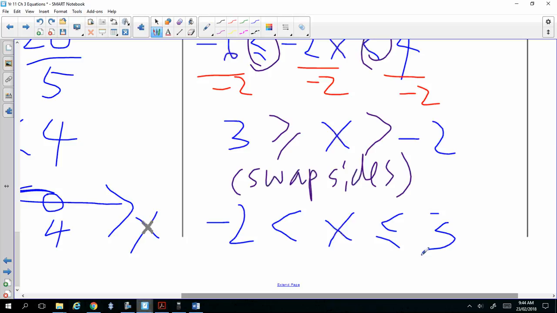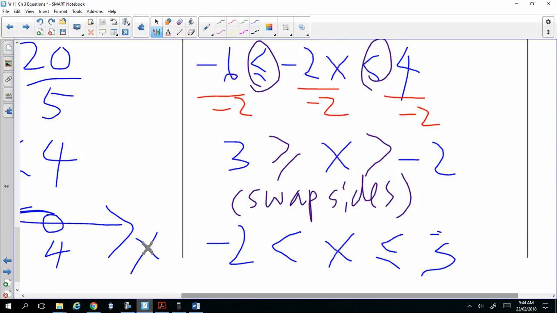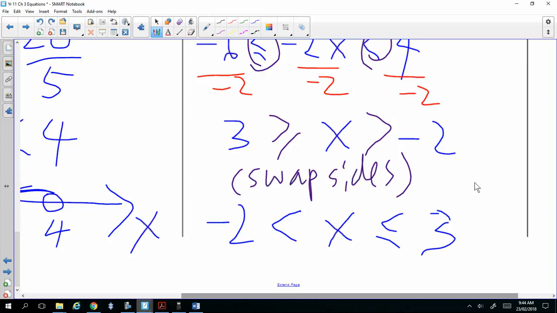Yeah, and then we can draw the solution. So between -2 and 3, you put a dark circle in between. All done. Any questions?